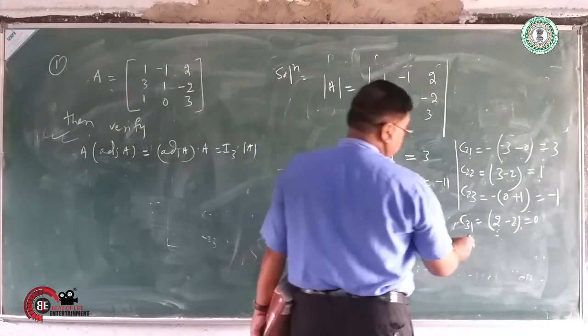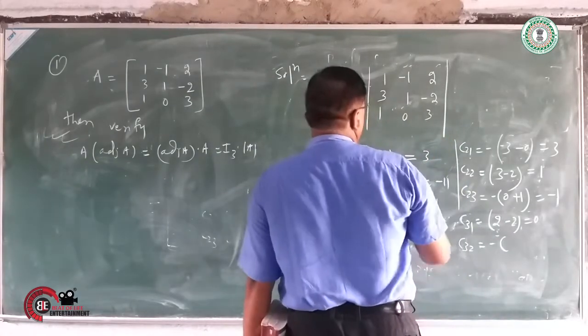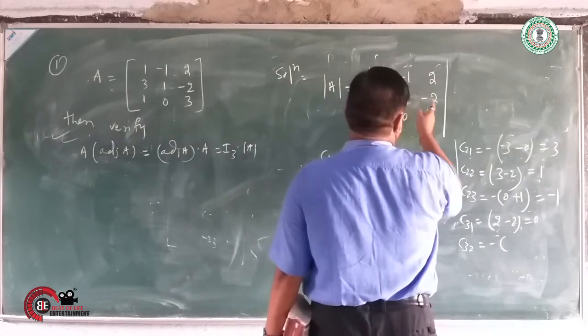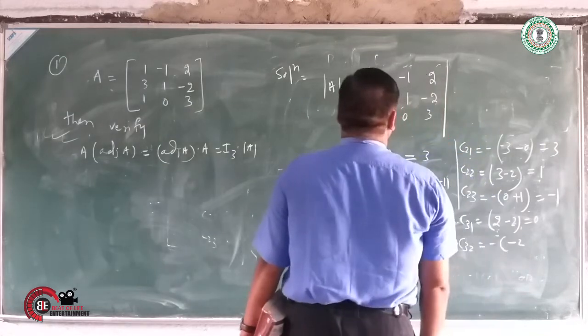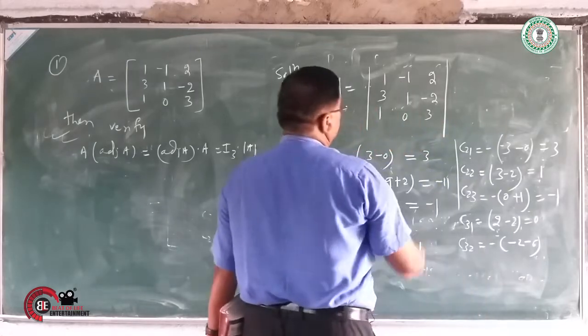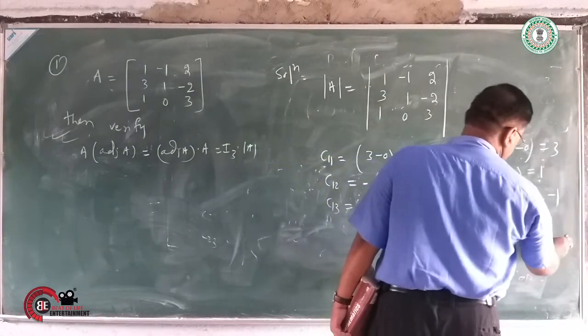Now C32: with the minus sign, cancelling this row, minus 2 or minus 6, so it will be 8.